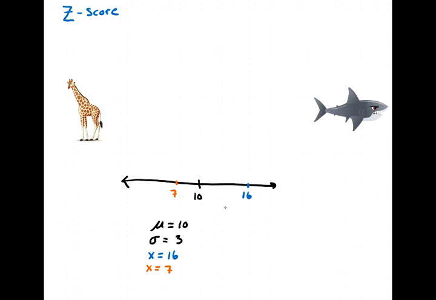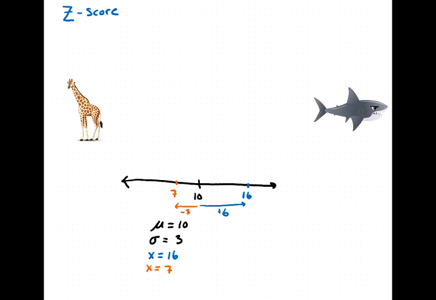So the distance between the 16 and the 10 is plus 6. And the distance between the 10 and the 7, well, it's down 3. So let's say it's a negative 3.